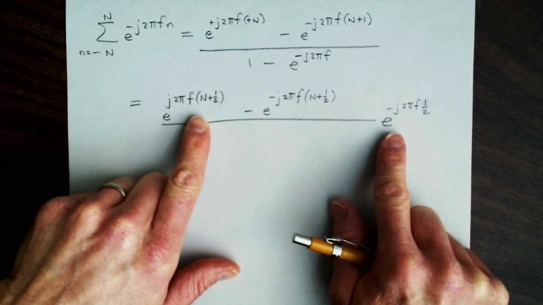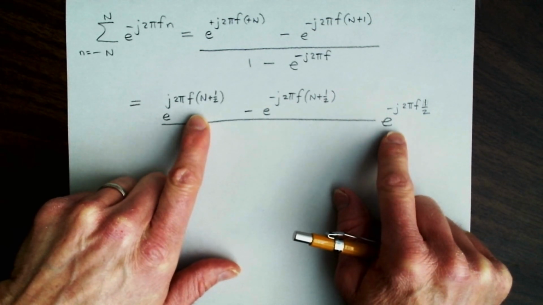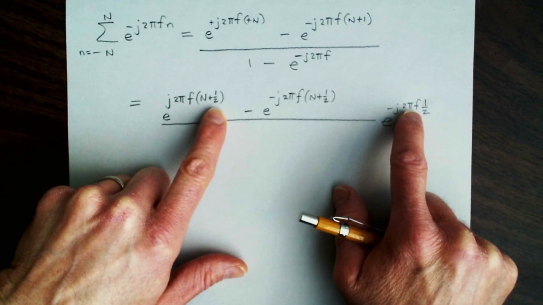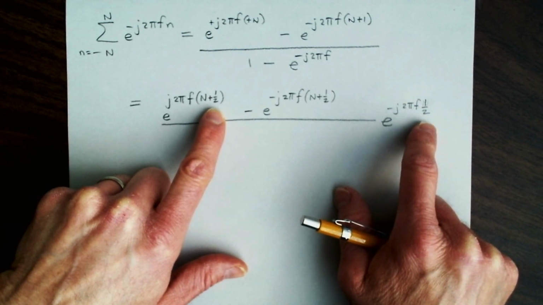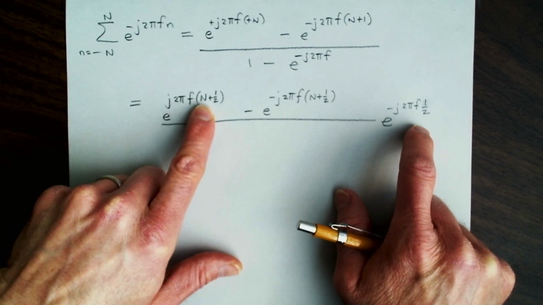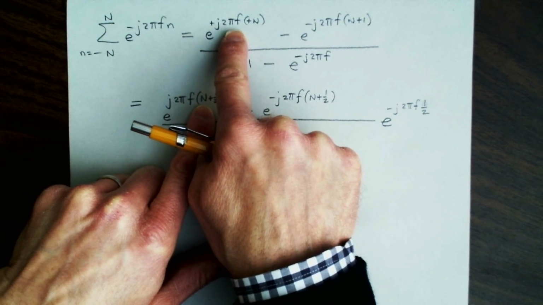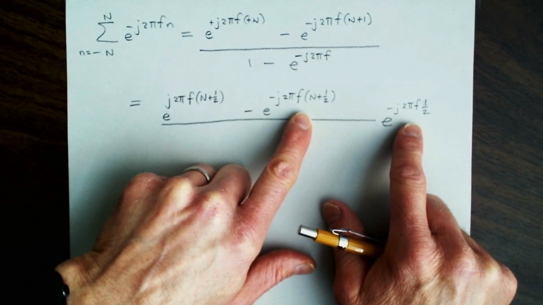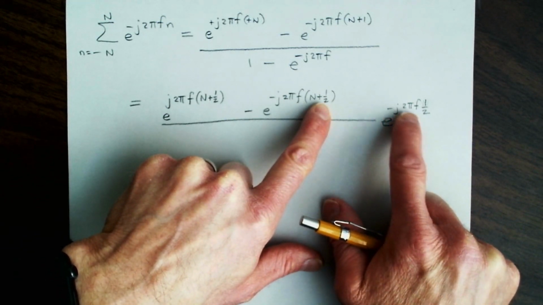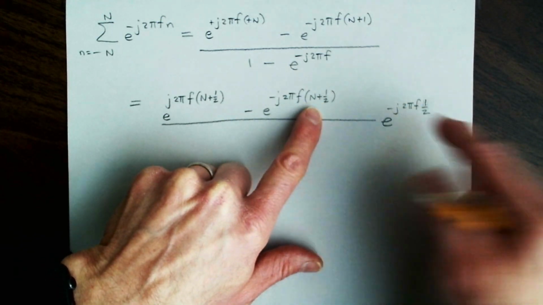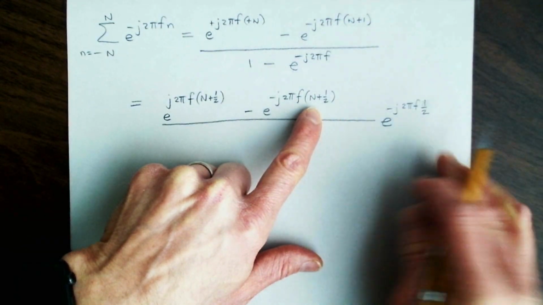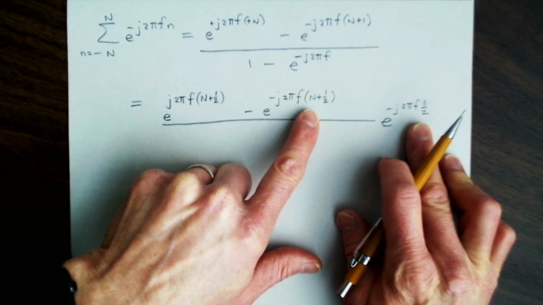Now, if I multiply these two exponentials together, notice that I have 2 pi f times 1/2 here and 2 pi f times negative 1/2 here. And so those 1/2s will cancel, leaving me with just e to the j 2 pi f n, which is here. If I multiply these two together, notice that here I have minus 1/2, and here's another minus 1/2. That gives me a total of minus 1 when I add those together. So here's minus 1, and so that checks out as well.